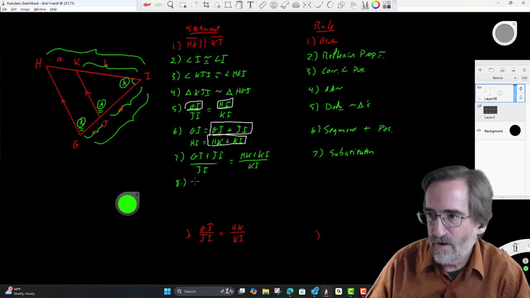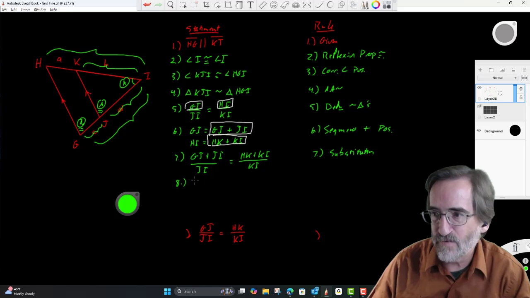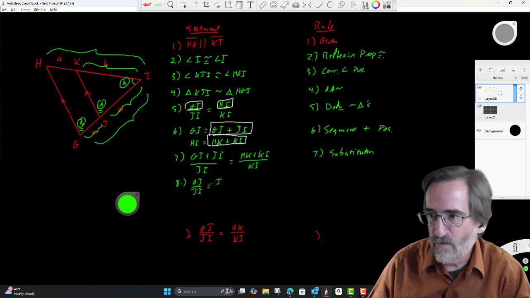Eight. Let's break it up. You can distribute division just like you distribute multiplication. GJ over JI equals GJ over JI plus JI over JI.